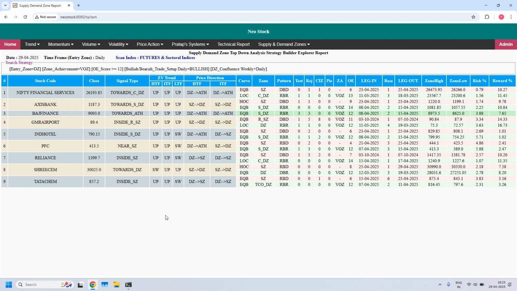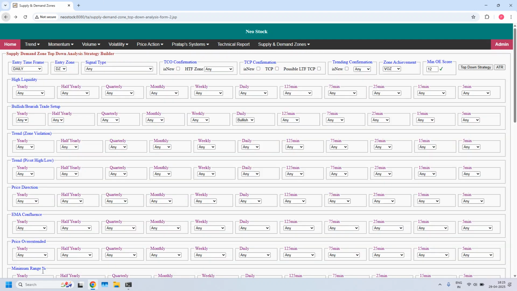Because trend is up, if any weekly demand zone having weekly EMA confluence, then the overlapped daily demand zone inside the weekly demand zone is having even more high probability to get success. So let's filter. In the EMA confluence at weekly time frame, checking weekly demand zone having weekly EMA. Anyway, weekly trend is up.